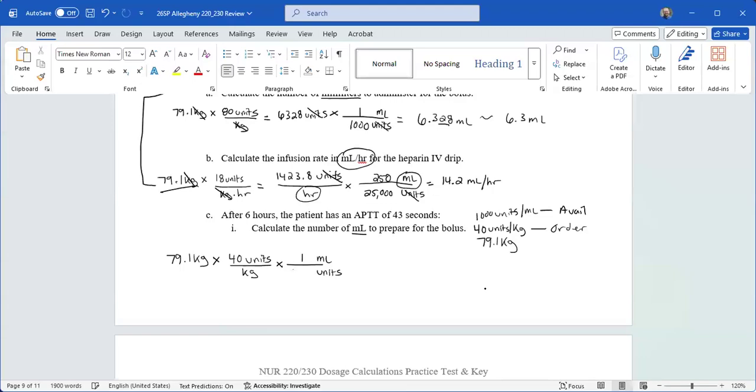So 1 milliliter, 1,000 units. And then you're going to get 3.164 milliliters. And then we're going to round that to 3.2 milliliters.